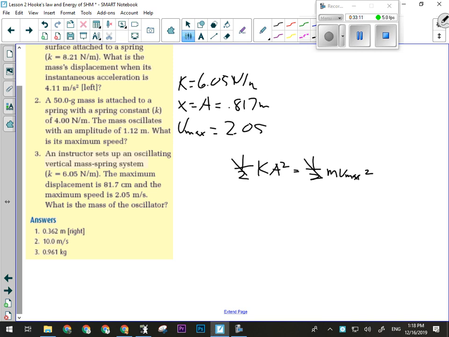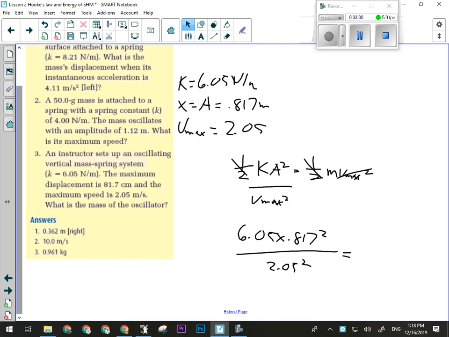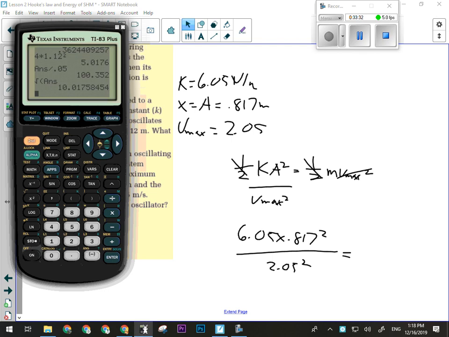So the halves are going to cancel, and I'm going to bring V max over, V max squared. Now I'm solving for m, so all I have to do is go 6.05 times 0.817 squared divided by 2.05 squared. Most common mistakes here, guys, are forgetting to square things when we're doing our math.